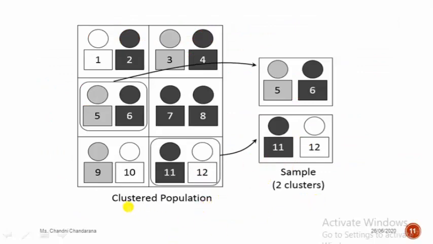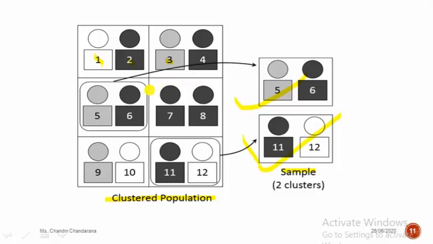See here, this is the cluster population and sample. Here we are making clusters systematically. For example, you can see there are three types of sample: one of white color, one of black color, and another of grey color, and these are the two clusters.